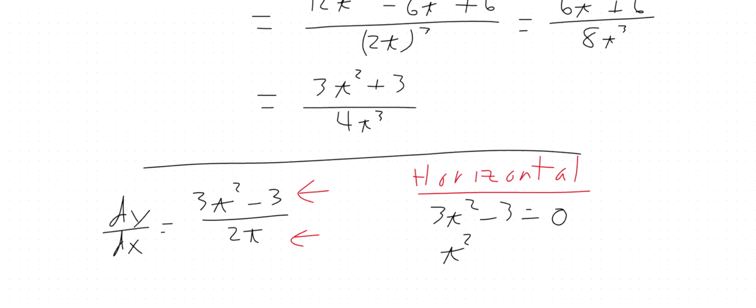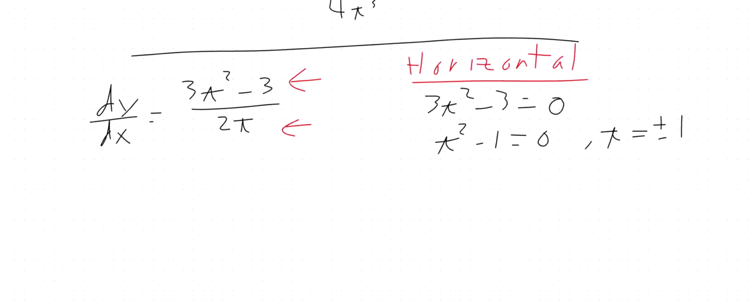This gives us t squared equals 1, so therefore t is going to equal plus or minus 1. However, we want to know what points these are. Whenever we plug in 1 to our x coordinate, we get 1. And when we plug in -1, we also get 1.